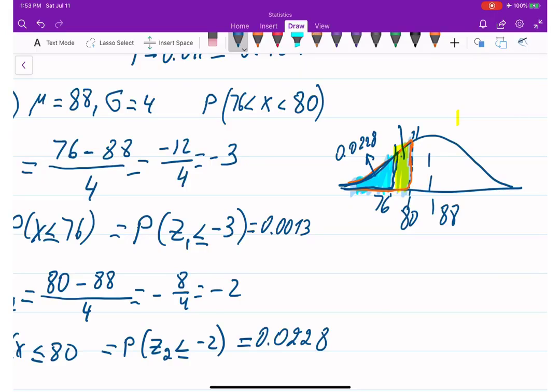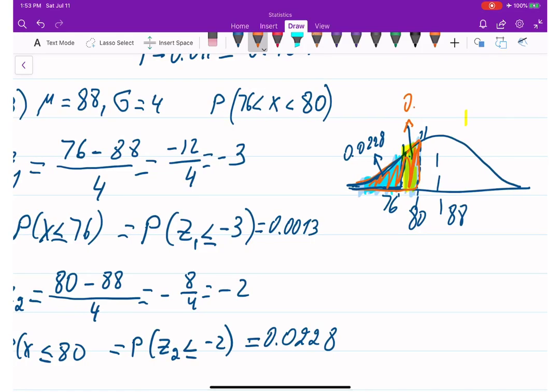And this one, the whole orange area, is 0.0228. And the blue area is 0.0013. So if I take the orange area and subtract the blue area, I will get what is in between, right?